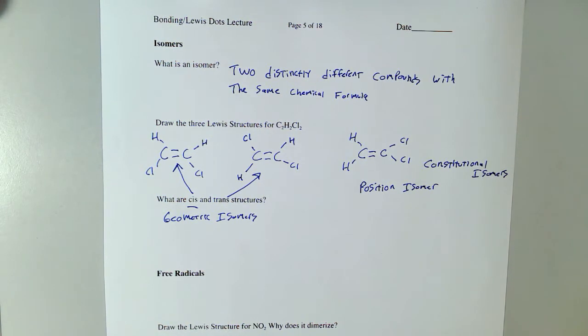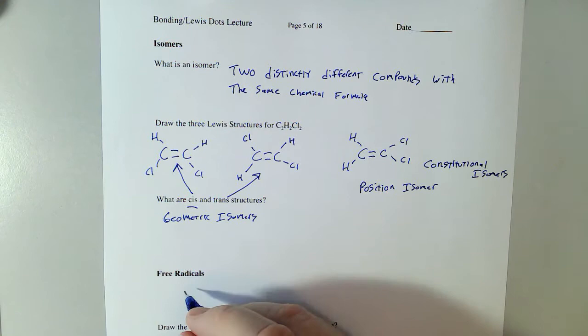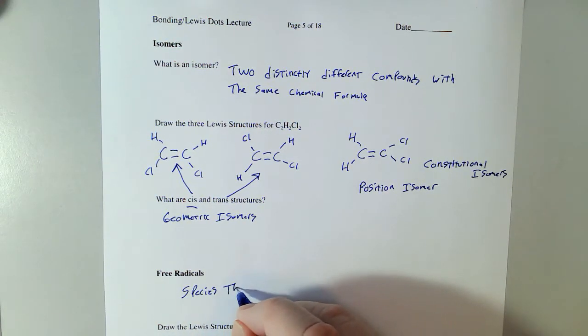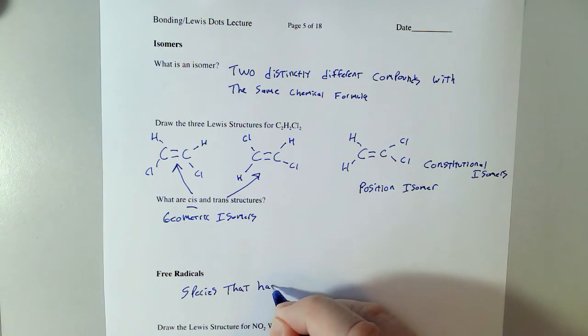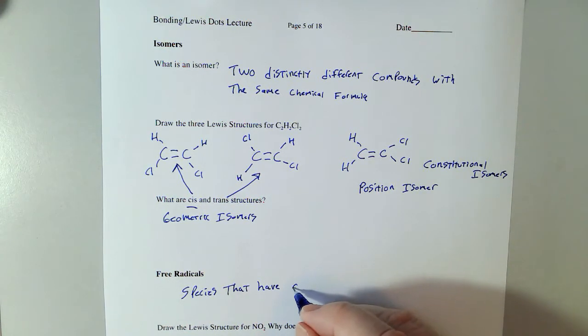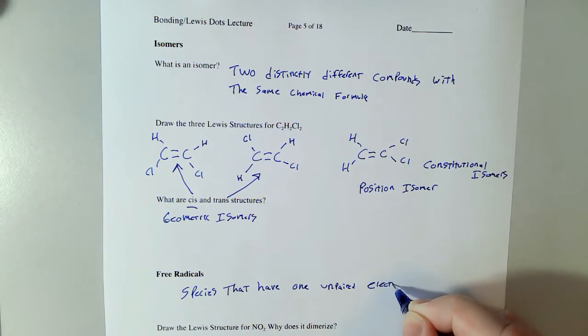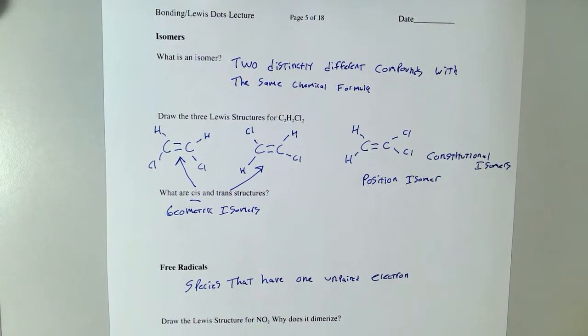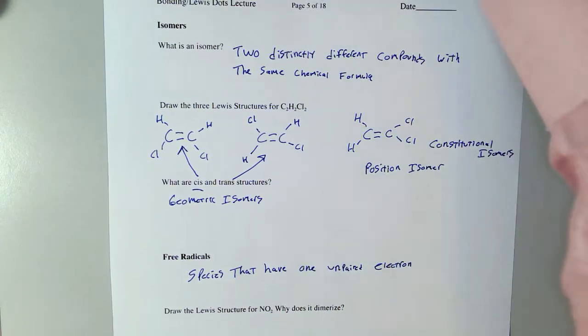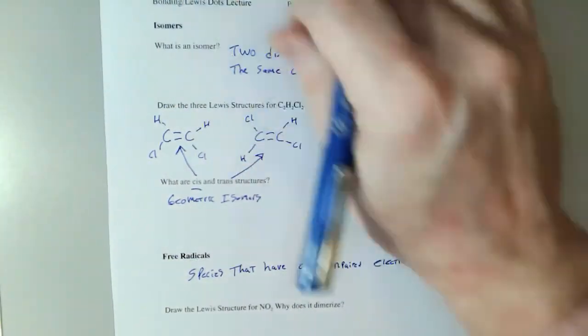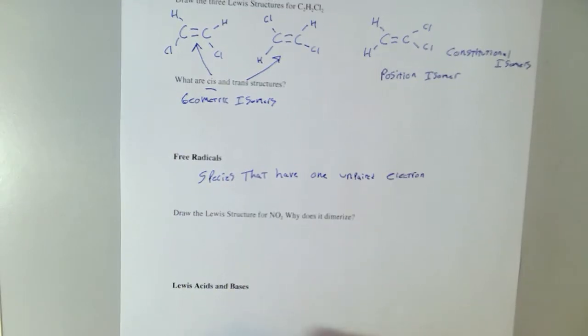So, free radicals. These are species that have one unpaired electron. These are generally considered to be very dangerous, okay, very reactive, and not something you want to deal with.